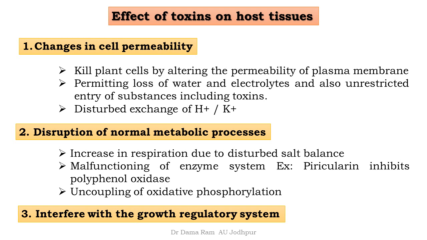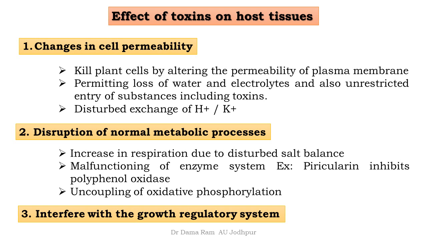So what are the effects of a toxin on a host? There are three major effects. One is the change in cell membrane permeability, second is the disruption of normal metabolic processes, and third is interference with the growth regulatory system.